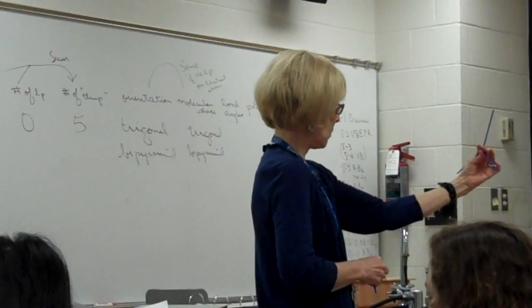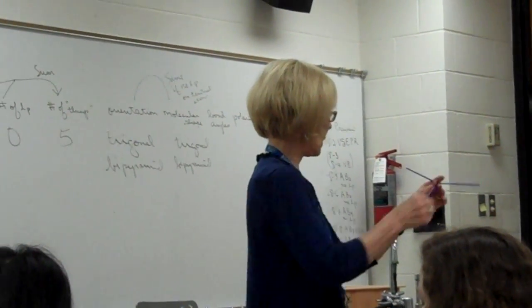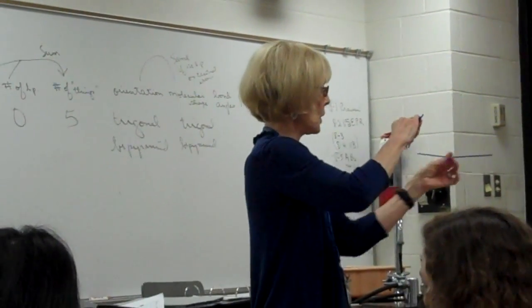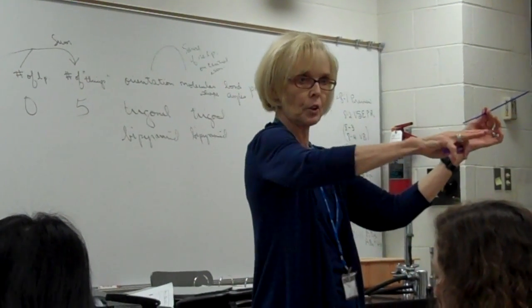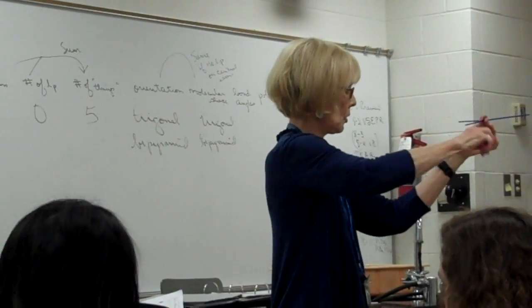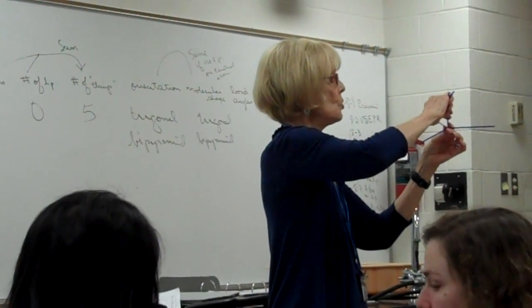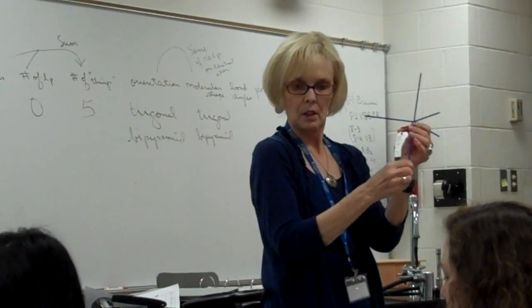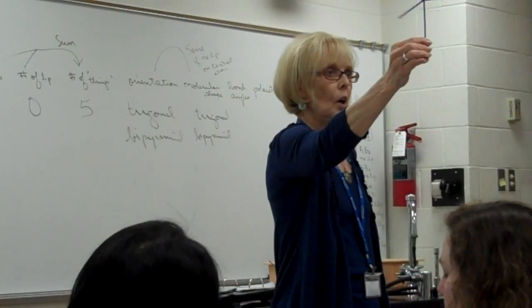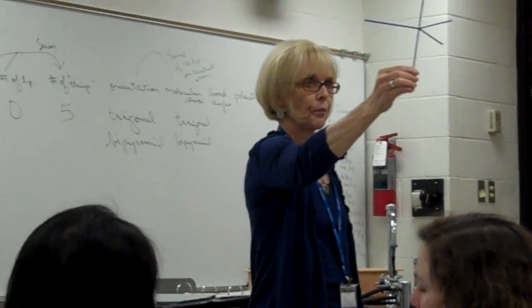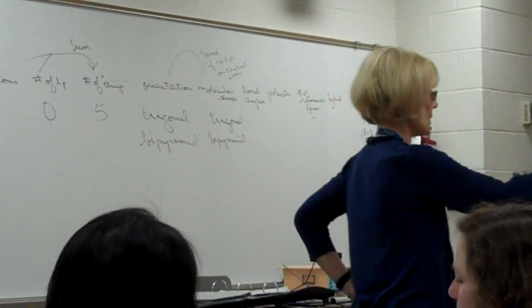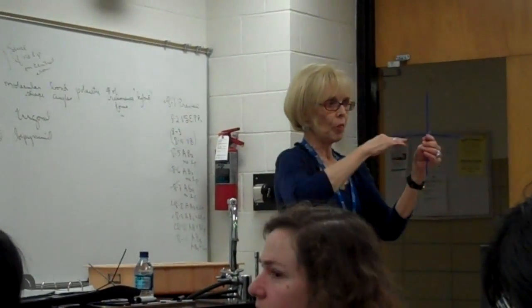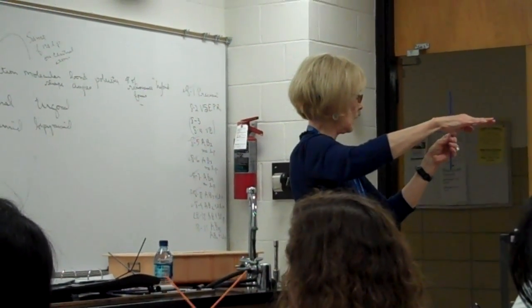That's trigonal planar, a shape you've seen before. So if we put these two together with the brassy looking center, make me one, and I hold it like this, the up and the down and 3 in the plane.